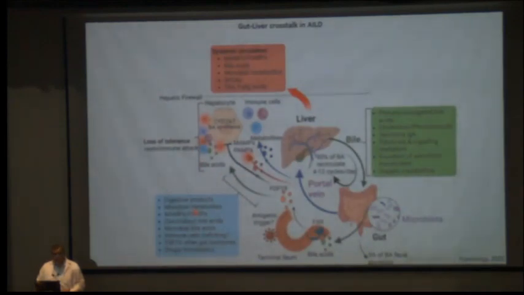So when we talk about the immune system, we know that there is a crosstalk between gut microbiota and liver, and bile acids play a major role in that, with circulation of almost 95% of bile acids between the gut and the liver, the rest 5% being excreted.